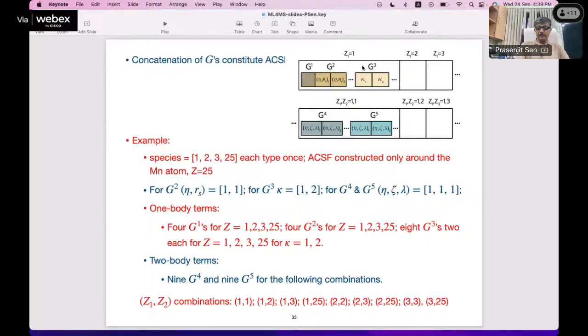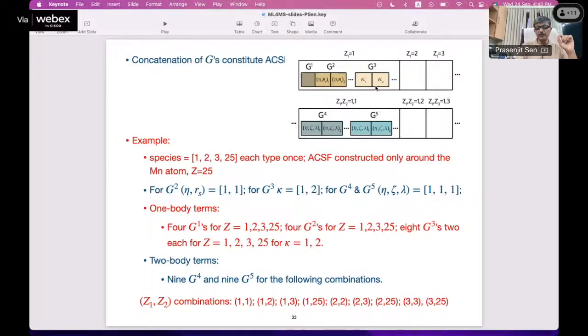So first of all, how are they organized? Two body terms for different values of z: you have one central atom, and then z is varying for its neighbors. For each neighboring z, g1, all the g2s, and all the g3s are arranged sequentially like this.